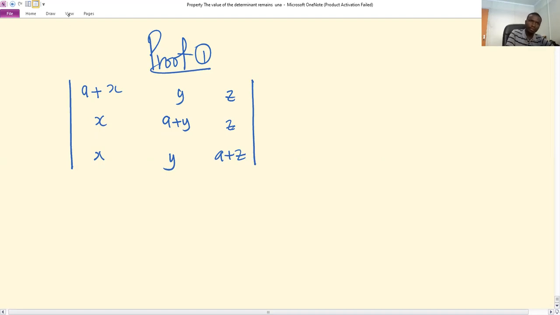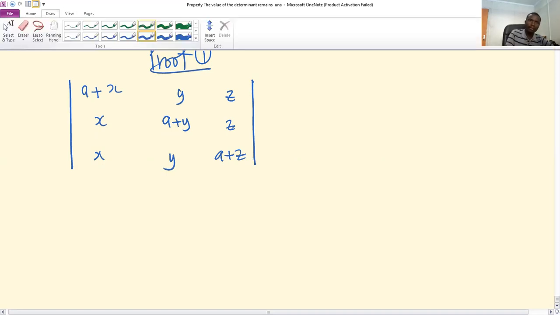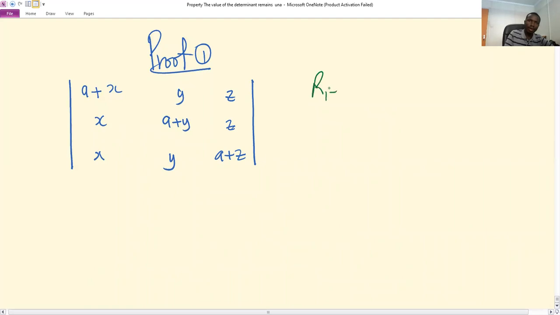Now, let's say row 1 becomes row 1 minus row 2, row 2 stays row 2, and row 3 stays row 3.